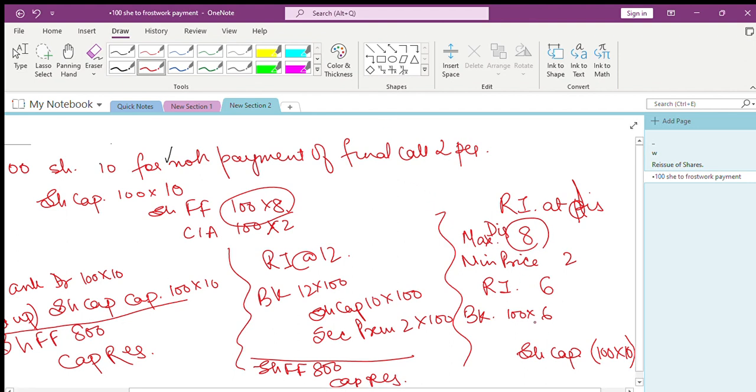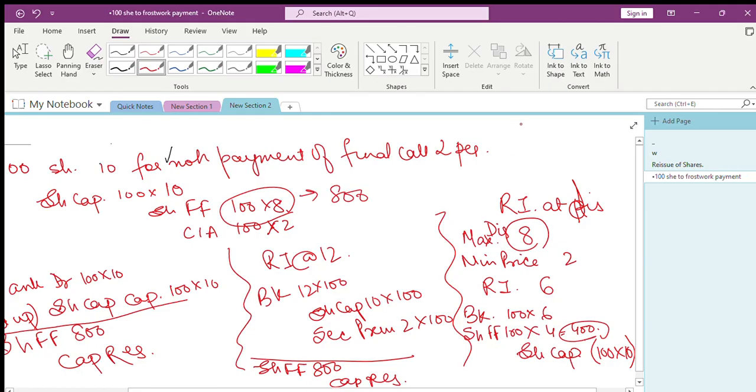This discount can be adjusted against the forfeiture balance which we have. So this 100 into 4 gets debited to share forfeiture account. 100 into 4, 400. We made a profit of 800, loss of 400.